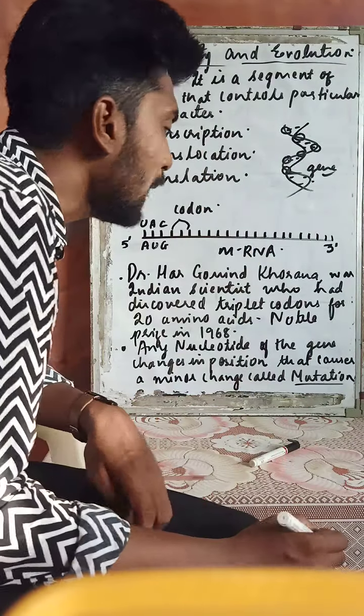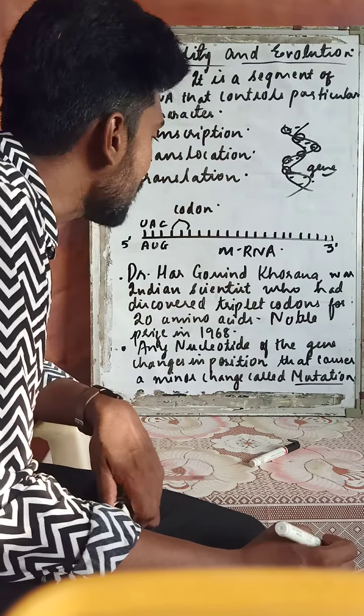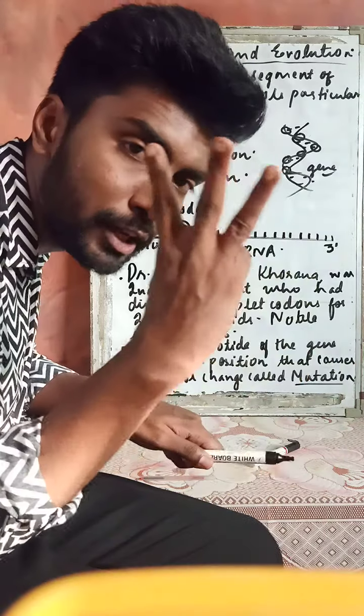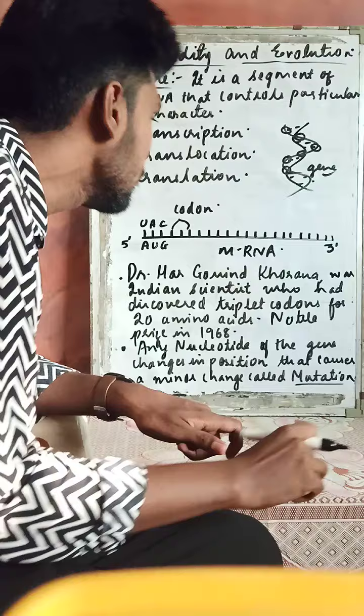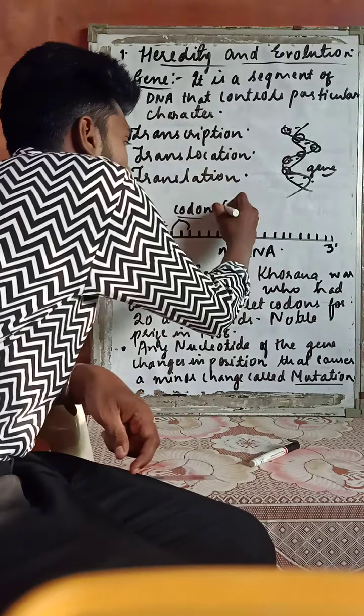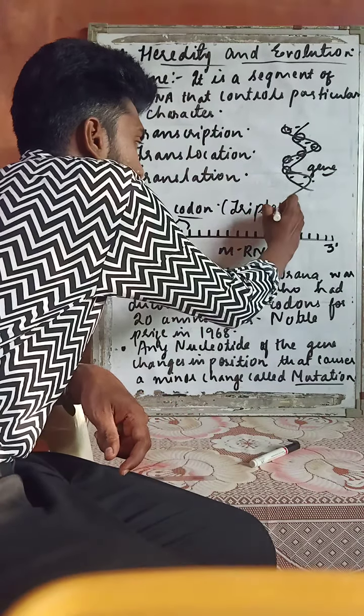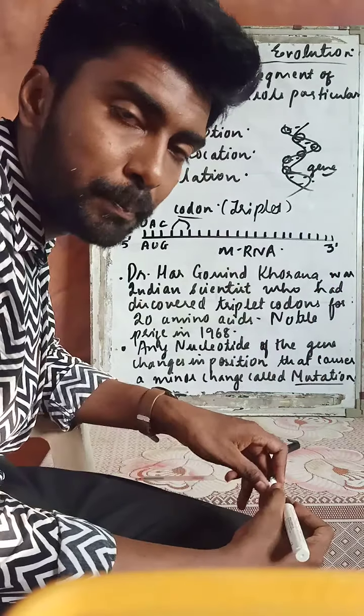So what happens in the messenger RNA? Messenger RNA contains a sequence of 3 nucleotides. A sequence of 3 nitrogen bases is generally called a codon, or it is also called a triplet, right?